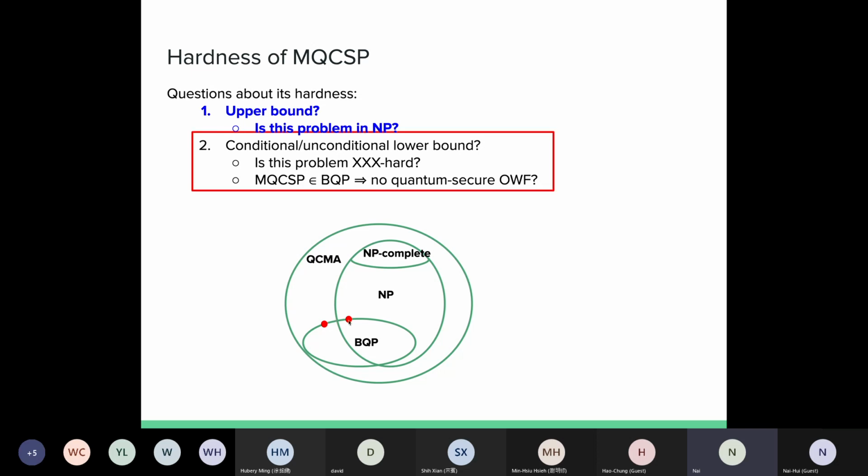We want to show whether this problem is in BQP or not, or if it is possible to be in NP or something. Right now we don't know. We're saying probably it is on the boundary. Probably it can go to BQP, or it can be a QCMA intermediate problem or a QCMA complete problem.